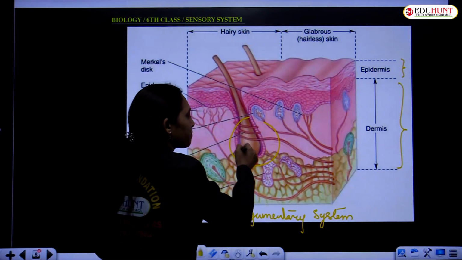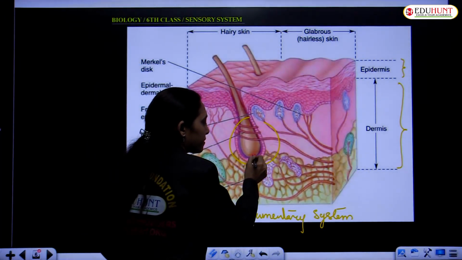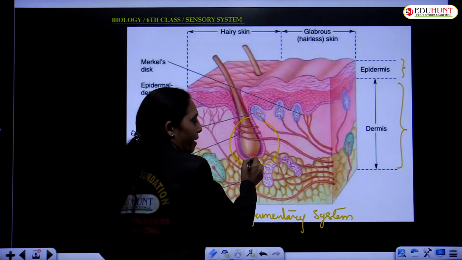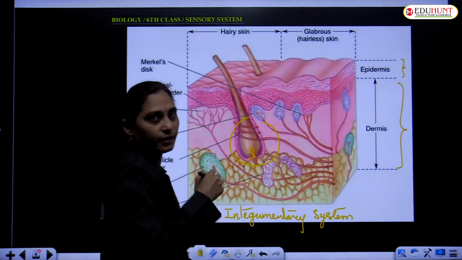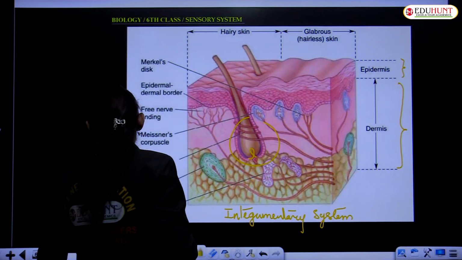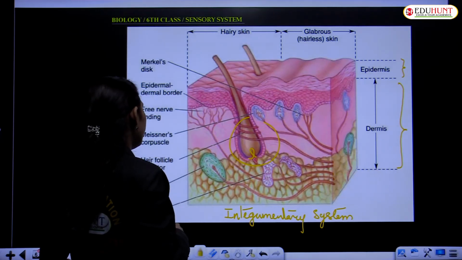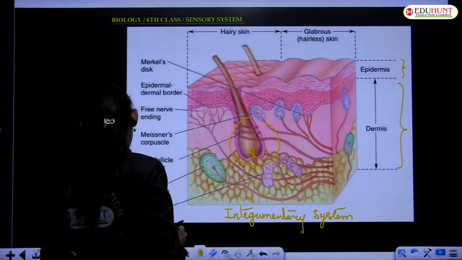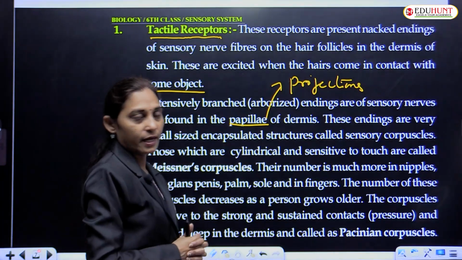These hair follicles have some papillae. They are infolded in the follicle. Hair follicle receptors are shown in the diagram.